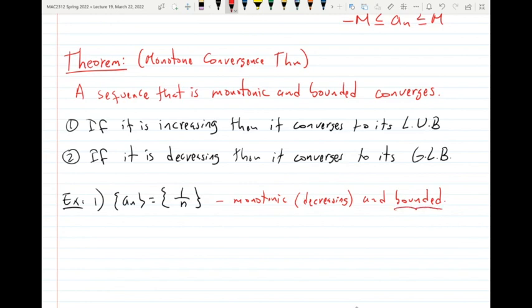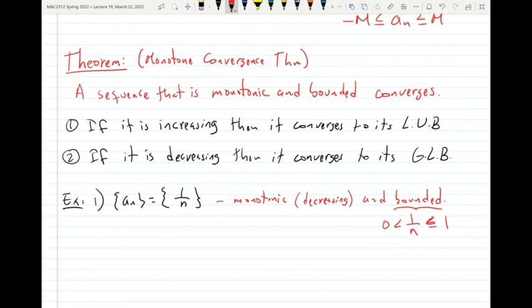For the bounded part, notice that 1 over n is always greater than 0 and less than or equal to 1. So if you want, you can take your M to be 1 in the definition above. It's bounded above by 1, it's bounded below by 0. So it's bounded, it's monotonic, it must converge. What does it converge to? To 0.